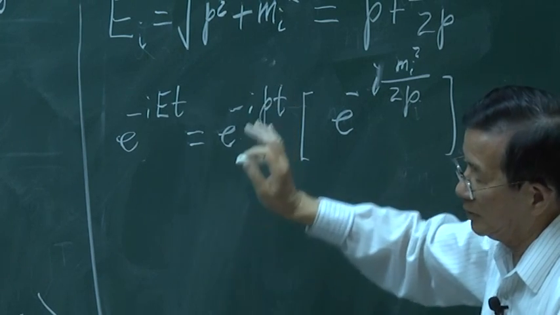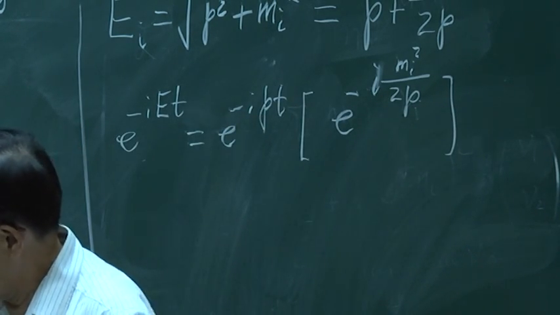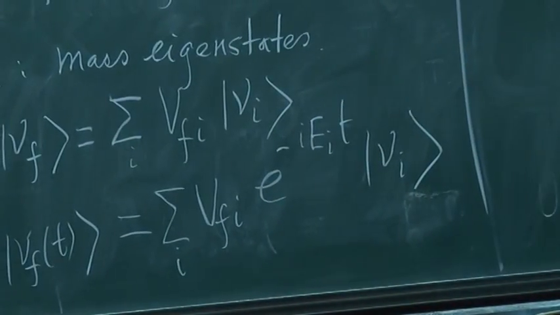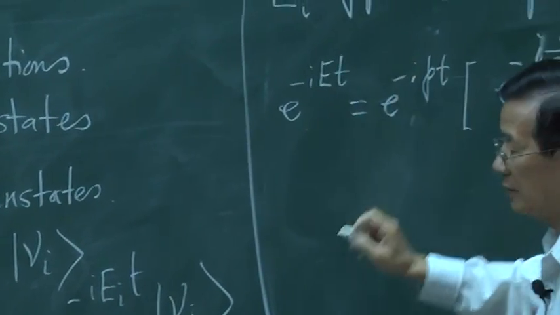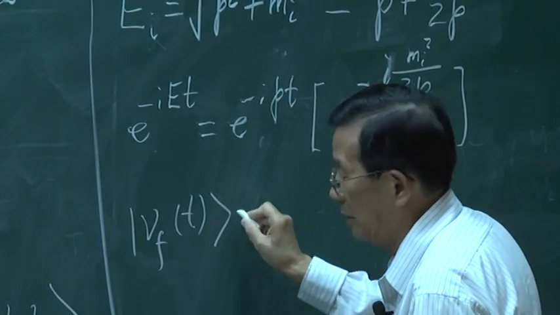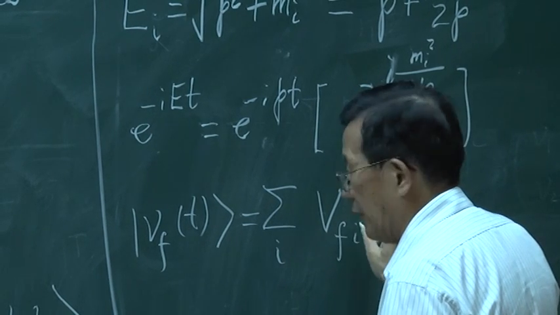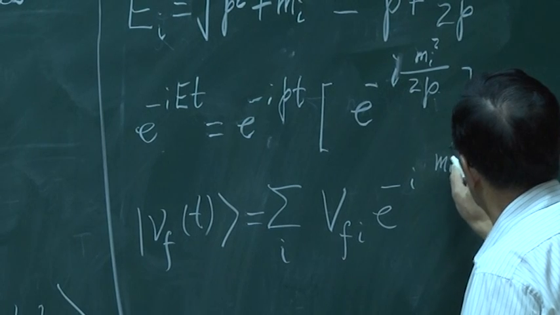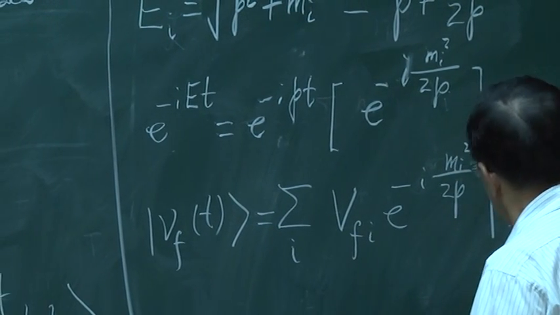I can ignore the common factor because when I take the absolute value squared, when I compute the matrix elements, this is an overall phase. So I can ignore this factor here and then write nu f of t as the sum over i of V f i e to the minus i m i squared divided by 2p times nu i.